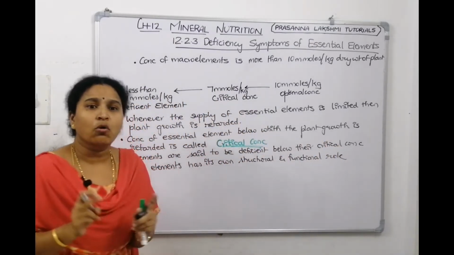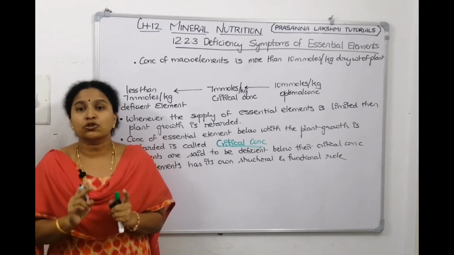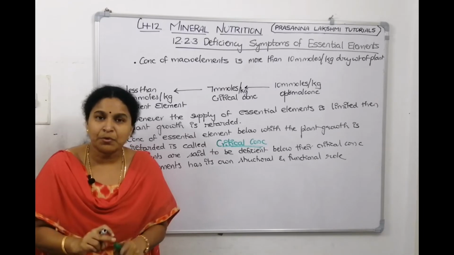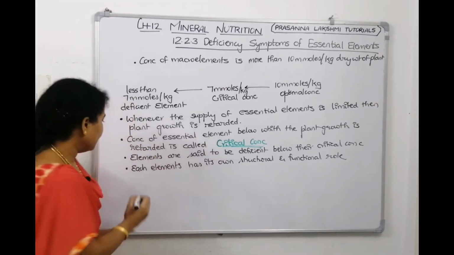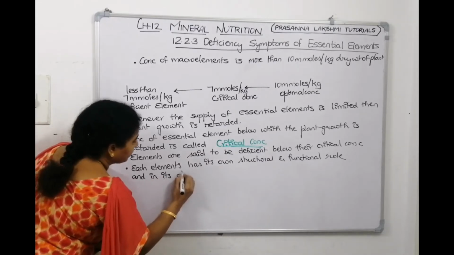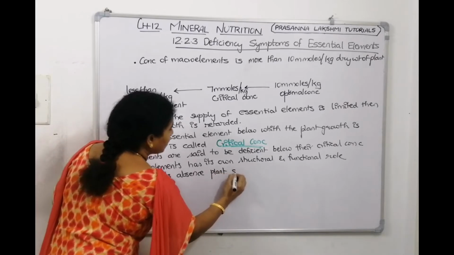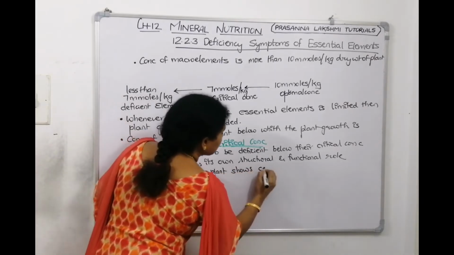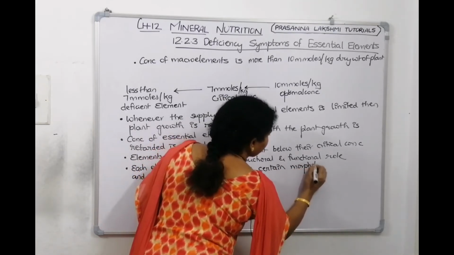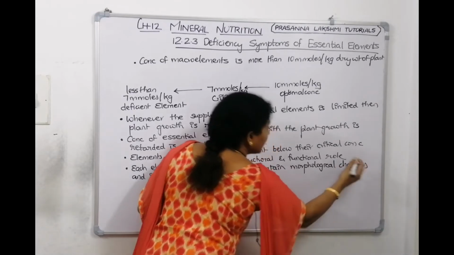Each element has its own role, and in its absence, the plant shows certain morphological changes. Changes in the root, changes in the stem growth, changes in the leaf growth. What do you mean by morphological changes?